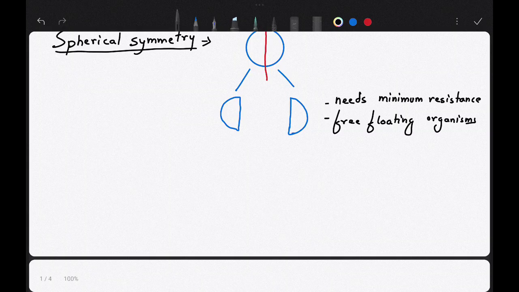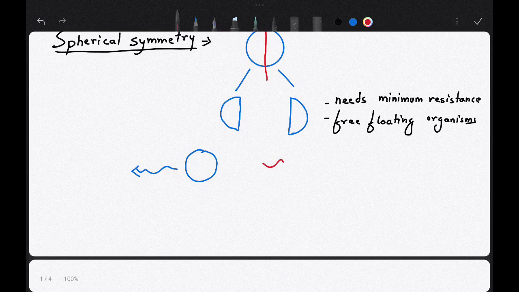Now you have to understand that these free floating organisms need to move from one place to another without resistance. Suppose this is the organism, it needs to go from one place to another.